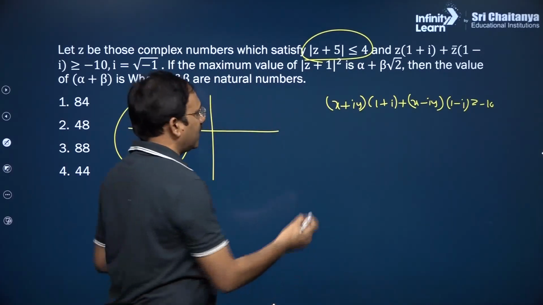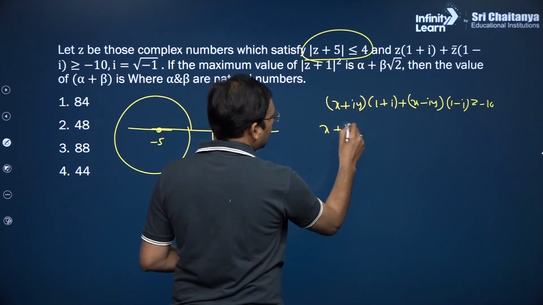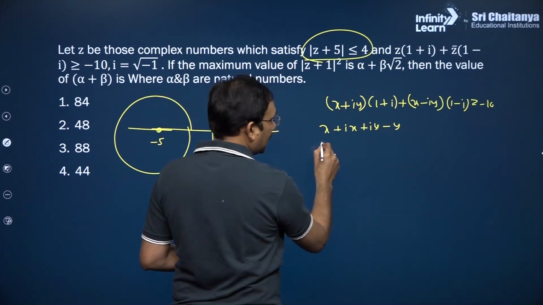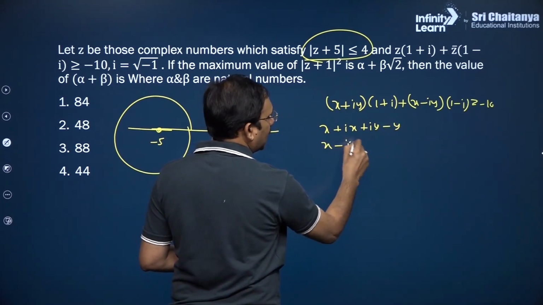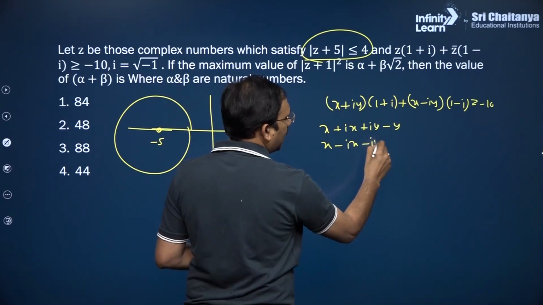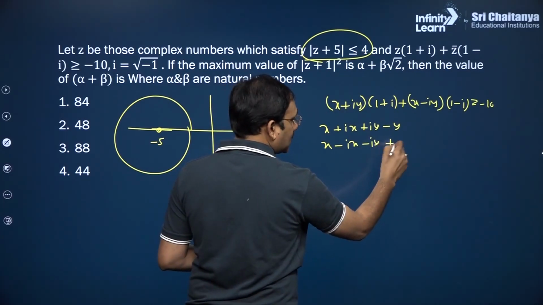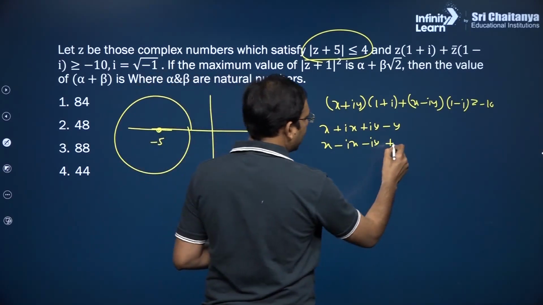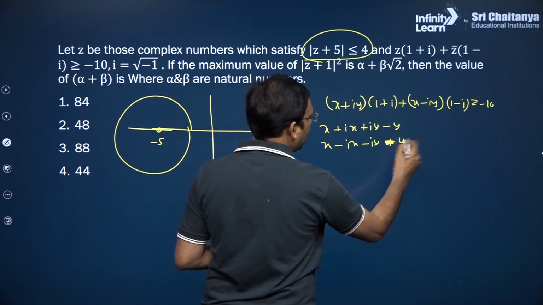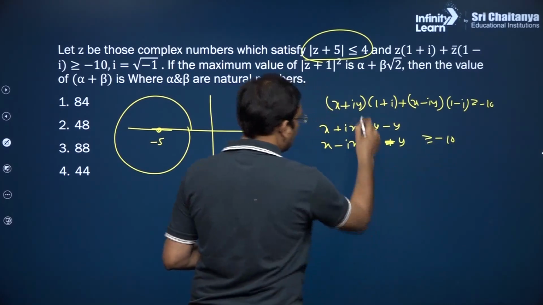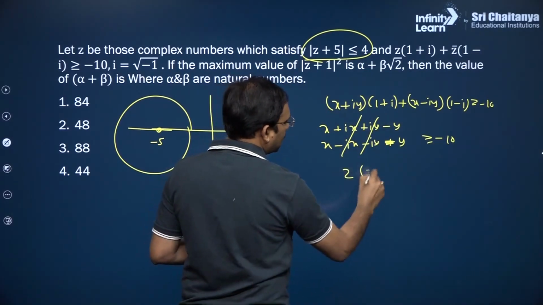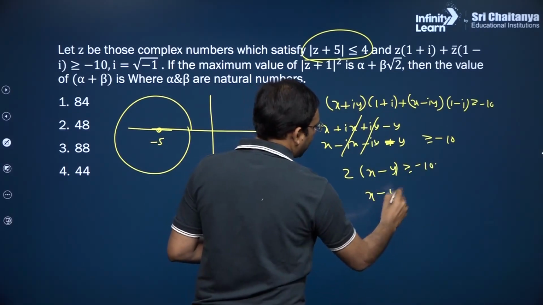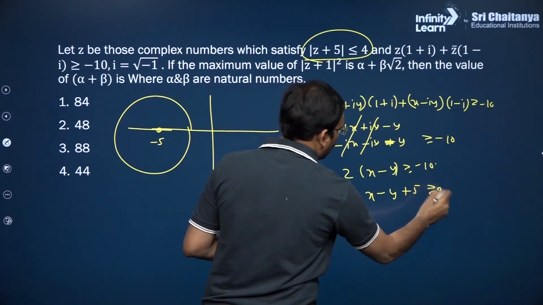You just simplify this, my dear friends, you will get x plus ix plus iy minus y plus x minus ix minus iy, plus, you can say, i square is minus 1, so minus y, this is also minus y, greater than or equal to minus 10. These get cancelled, twice of x minus y greater than or equal to minus 10. So, x minus y plus 5 greater than or equal to 0.